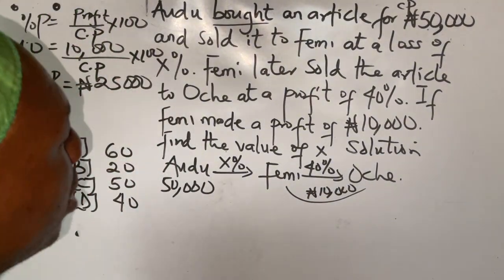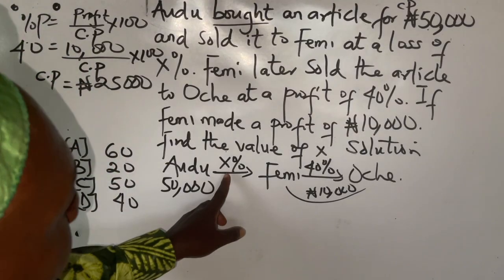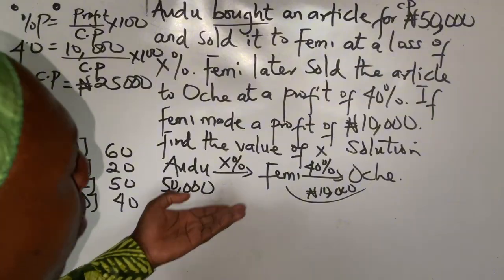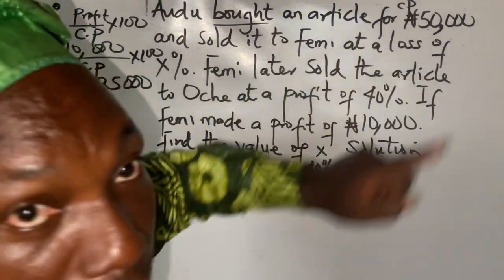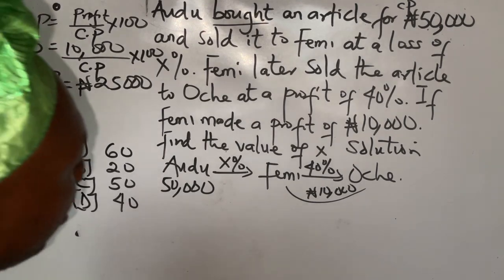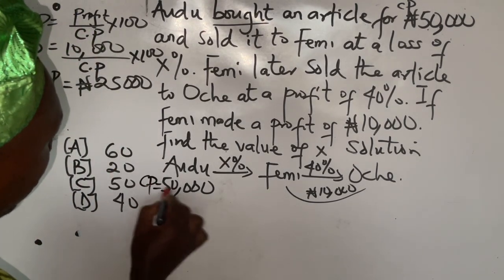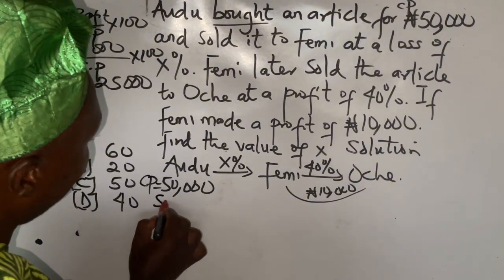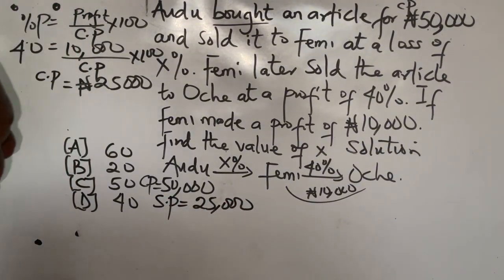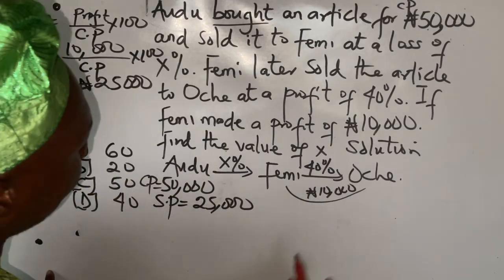So what is the value of X? We want to calculate X percent. That means the value I am going to get must be lower than the cost price of Audu. Femi's cost price is the selling price of Audu, which is 25,000 naira. That is why it's making a loss of X percent. So let's finish that up.